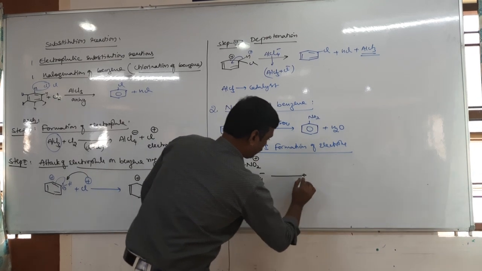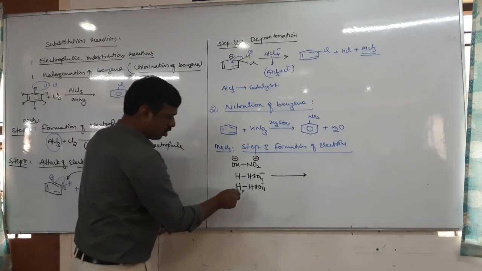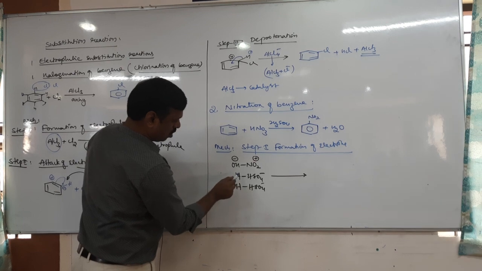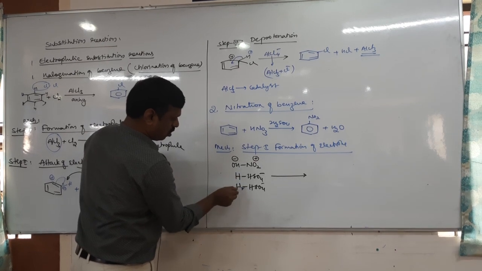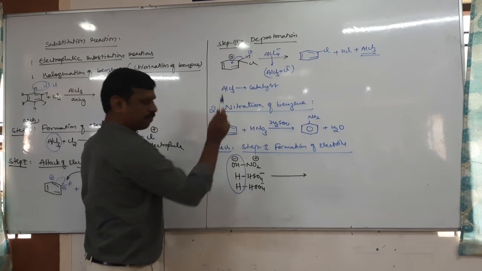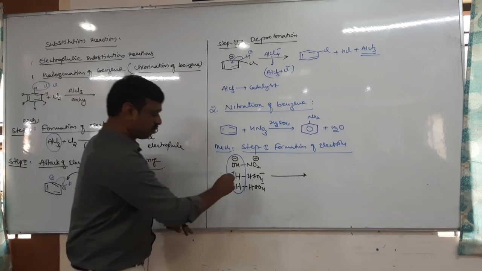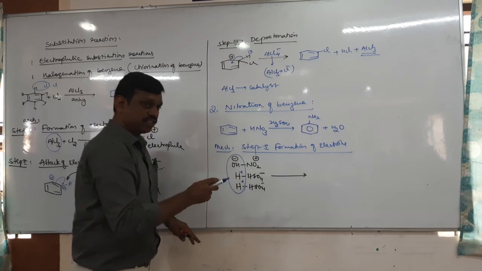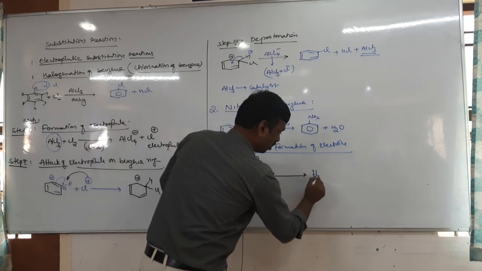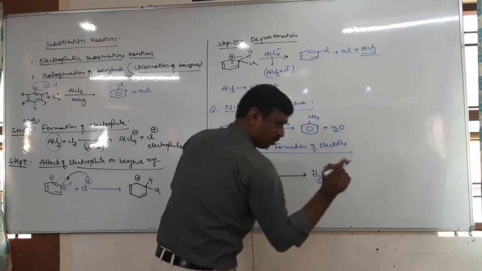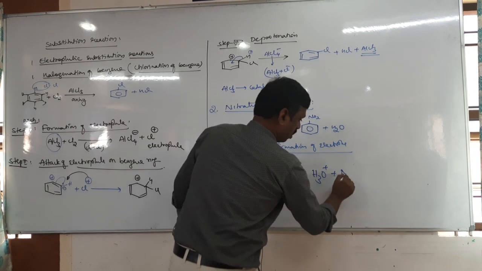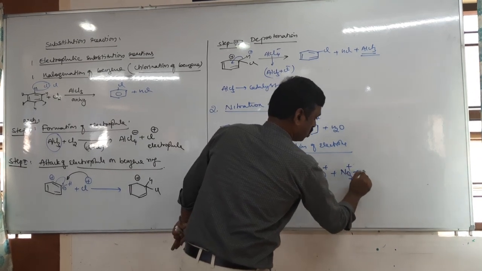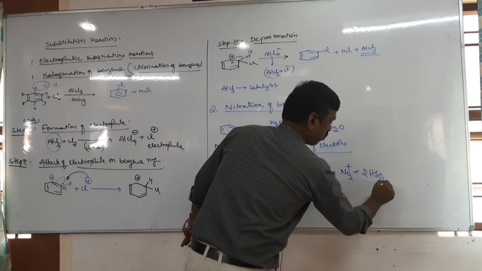Now tell me, you remove this OH, what comes? OH plus H plus gives H2O, H2O plus H plus gives H3O plus, the hydronium ion, plus NO2 plus, plus 2 moles of HSO4 minus.